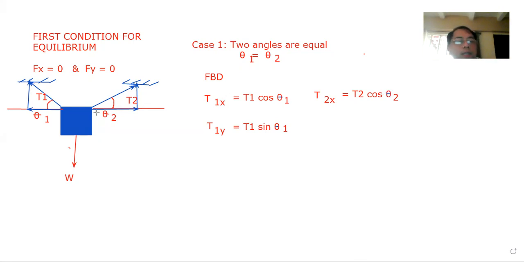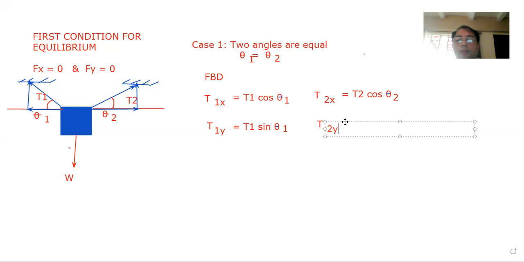So T1x goes left, T2x goes right. These are the two horizontal forces. Then our vertical forces are the T sub y's. We also have T2y.